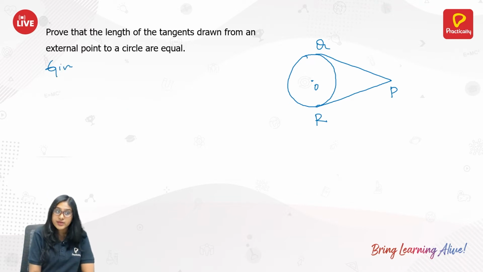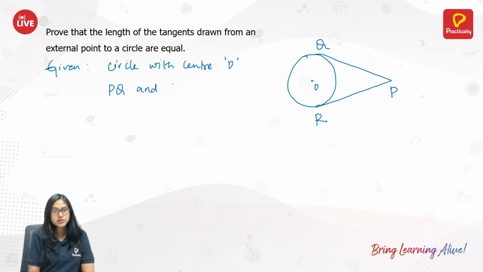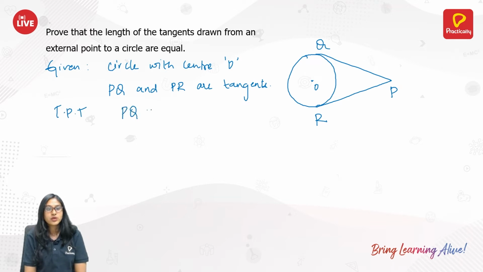So, what is given? Circle with center O. PQ and PR are tangents. What do we have to prove? To prove that PQ equals PR. Now, how do we have to prove?